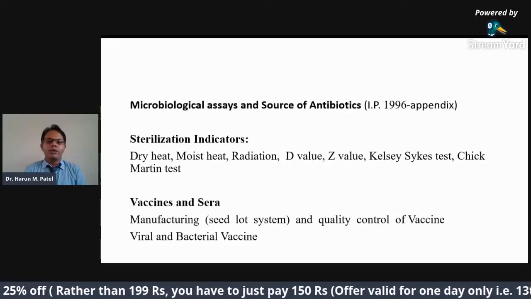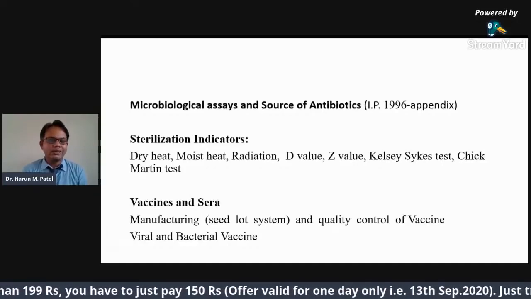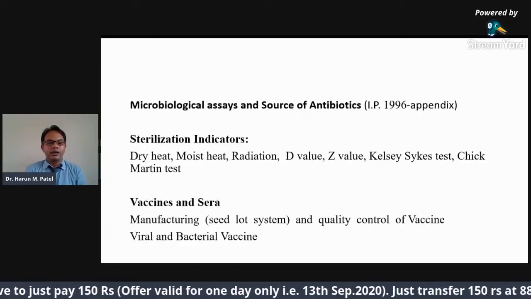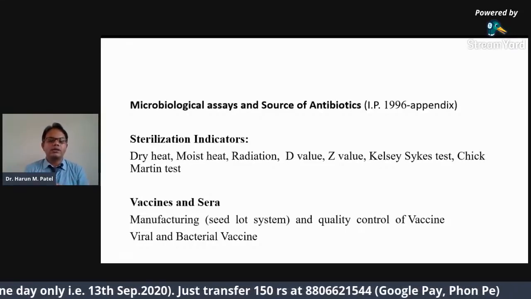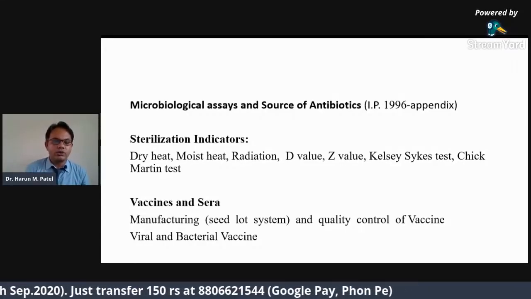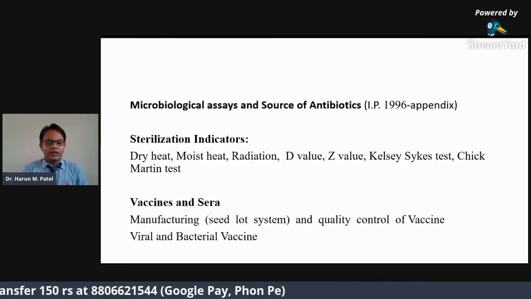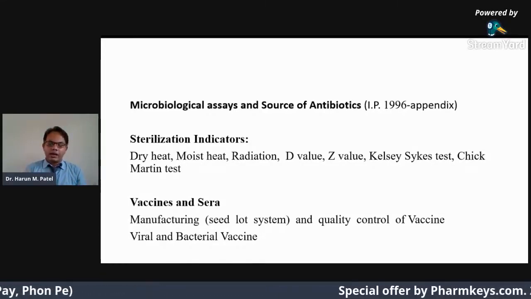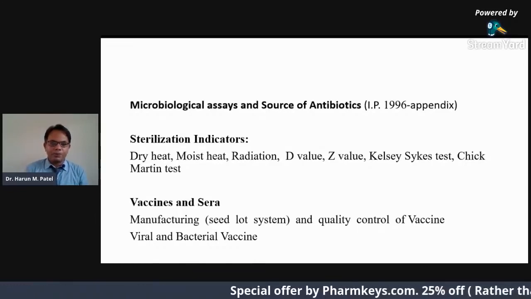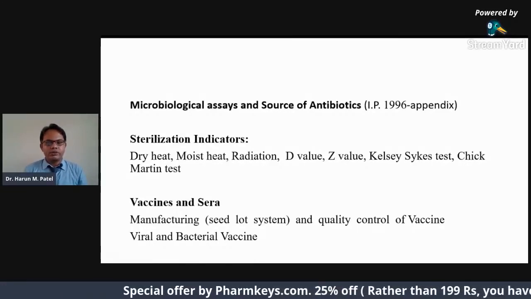The next important topic in microbiology, which one must read, is dry heat, moist heat, and radiation type of sterilization. In autoclave, they'll ask what is the temperature or pressure, which is a commonly used instrument for moist heat. In dry heat, they're asking what is the temperature requirement.